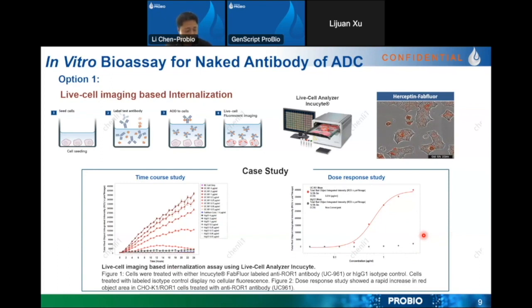Moreover, this assay can actually run with antibody supernatant, providing a high throughput approach to evaluate internalization capabilities during the early antibody screening stage. So by doing this, you can avoid losing potential candidates by making selections not solely based on the binding affinities.